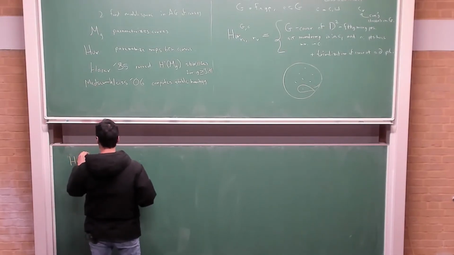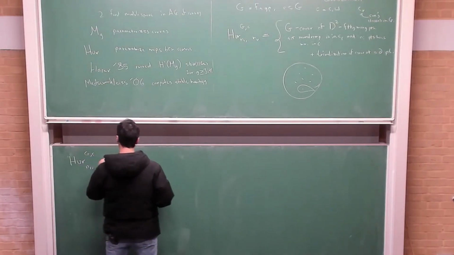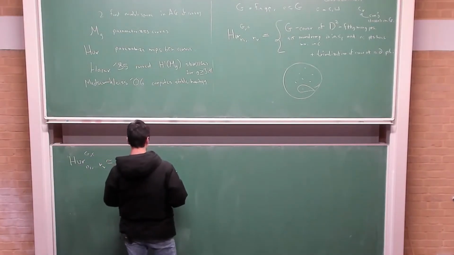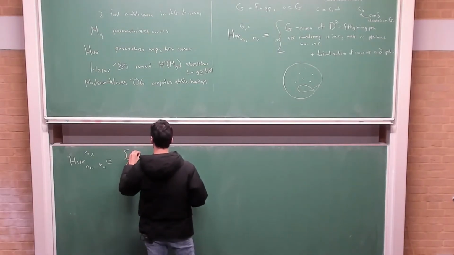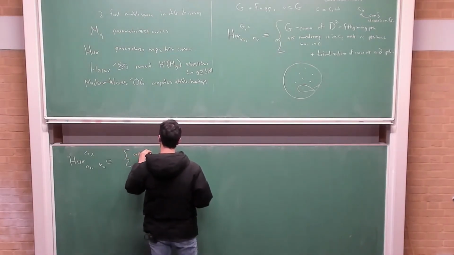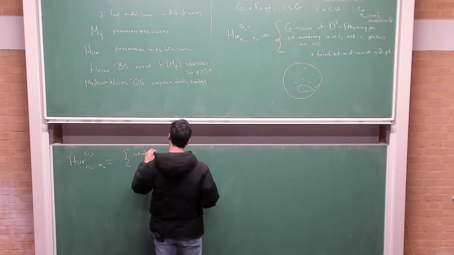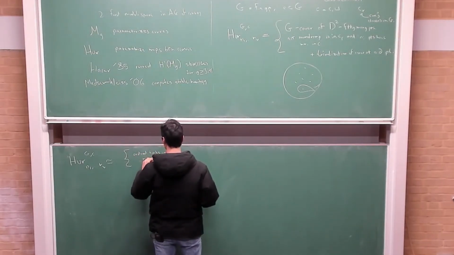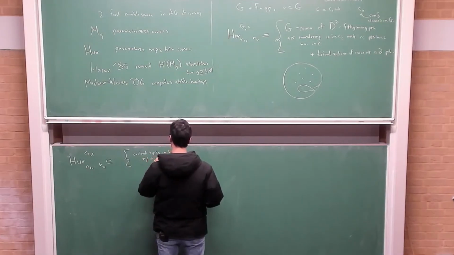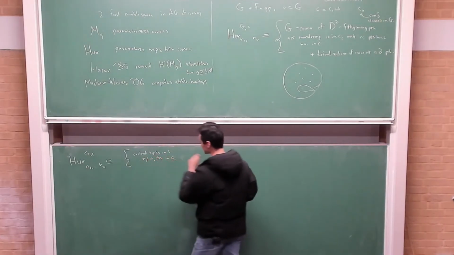For example, you can say the following. You can describe it as homotopy equivalent to the following thing. You take the set of ordered tuples in C with n_i elements in the conjugacy class C_i.